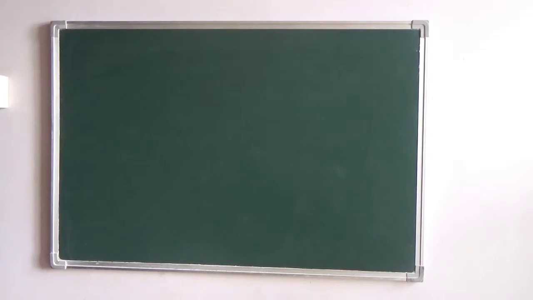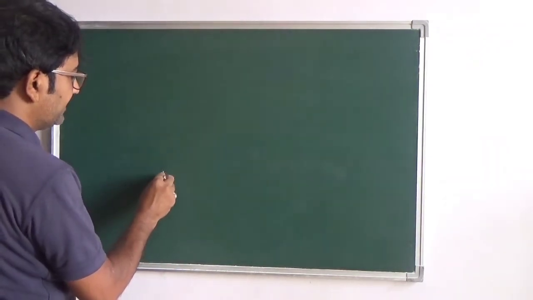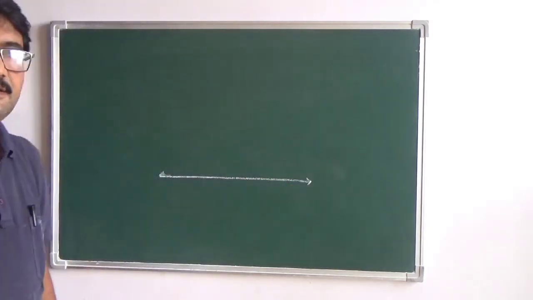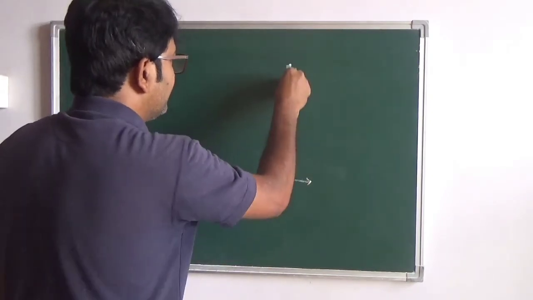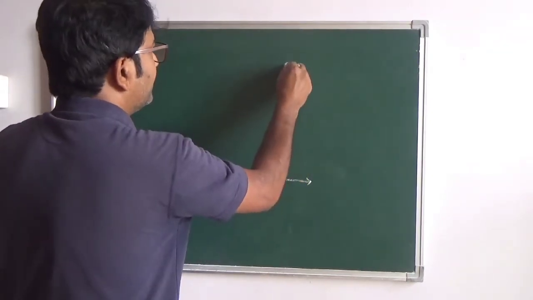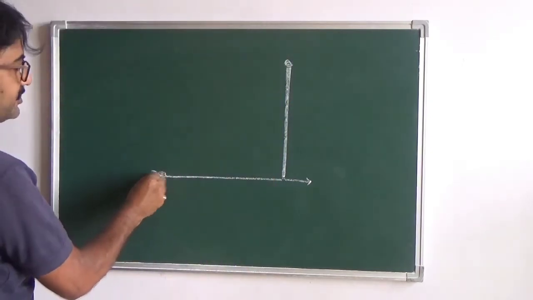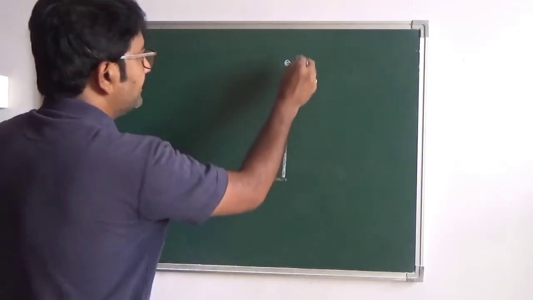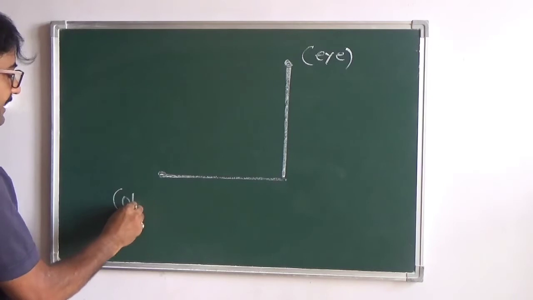Now let us take this horizontal position again. Now the situation is a little different. You are positioned at a point, suppose this is the roof of your house. You are standing here and you are looking at an object in this position. This is the eye, and this is the object at which you are looking.